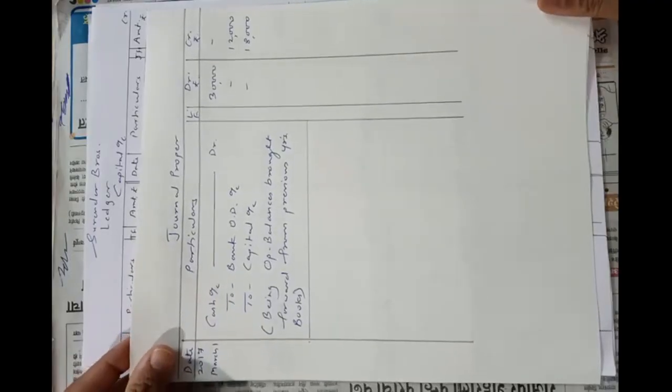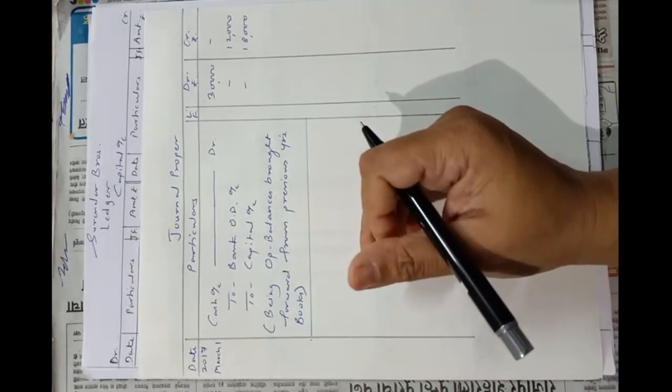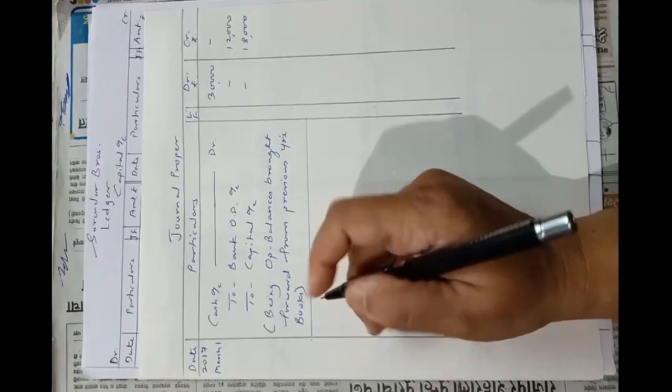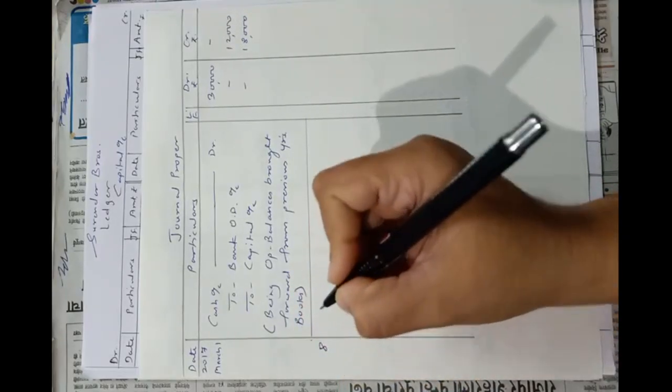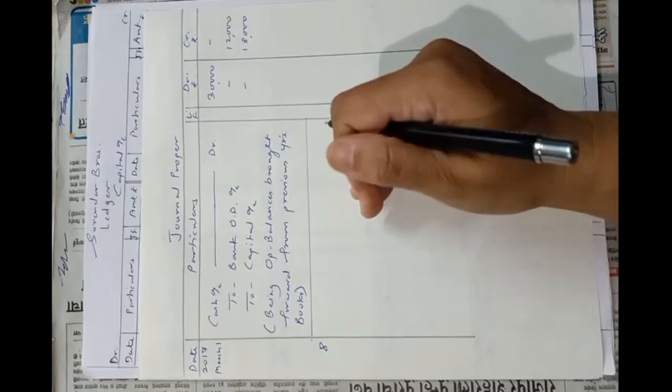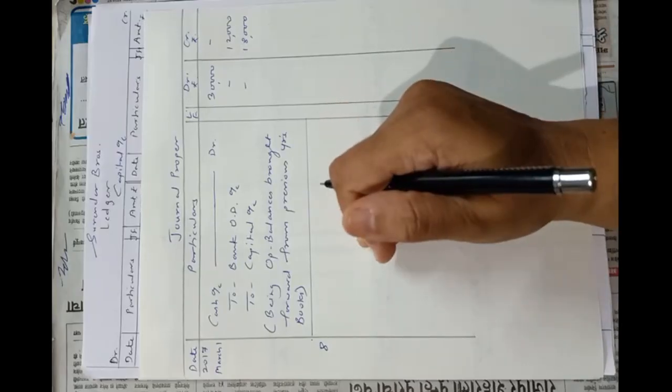about discount received rupees 300. We will pass the entry here and the date is 8th March. Okay, so the entry will be Shalini Enterprises account debit to discount received account 300.